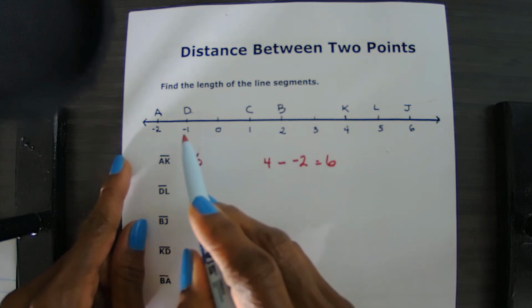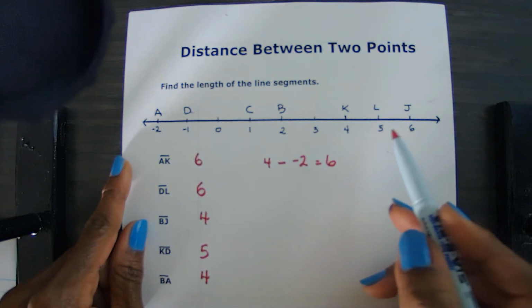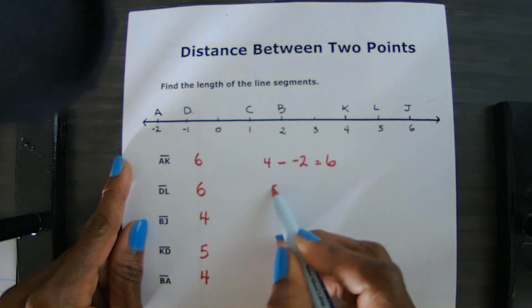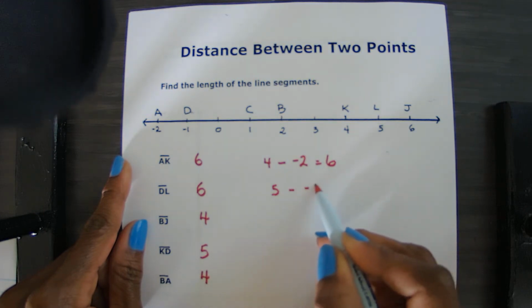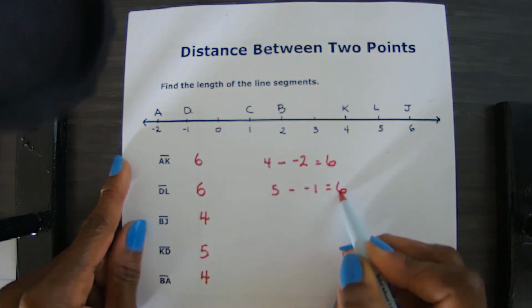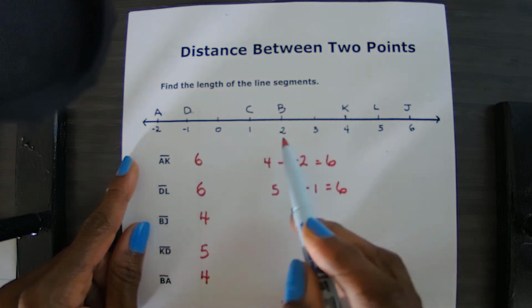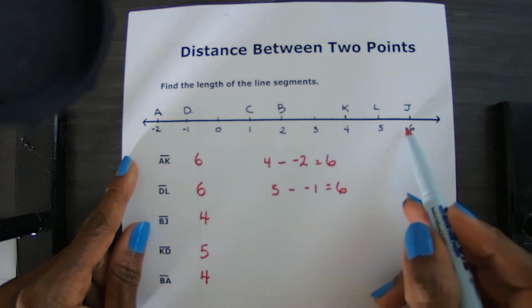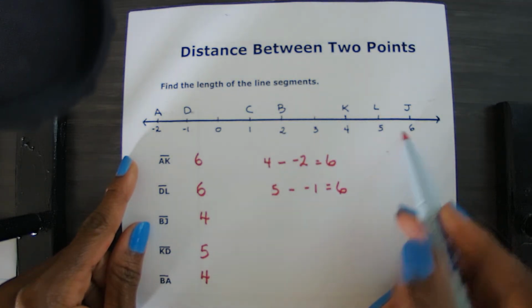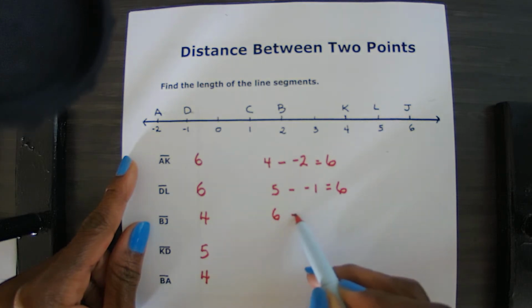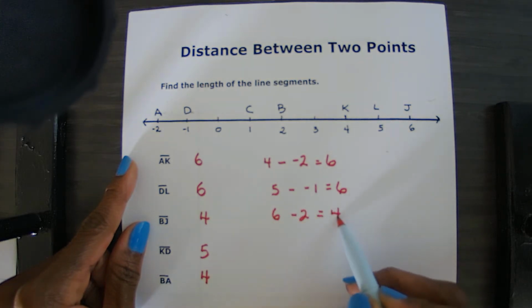And from DL, if I take 5 and subtract -1, I also get 6. And BJ, since I start at J, if I go from 6 minus 2, that does give me 4.